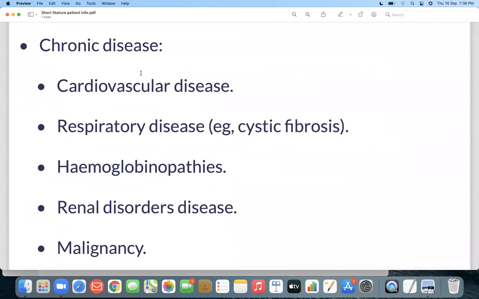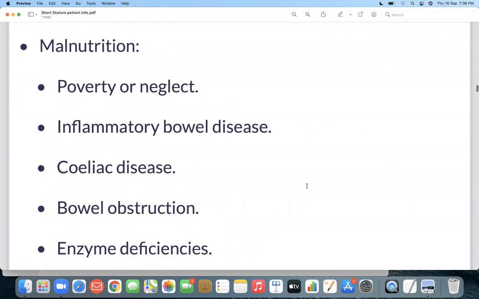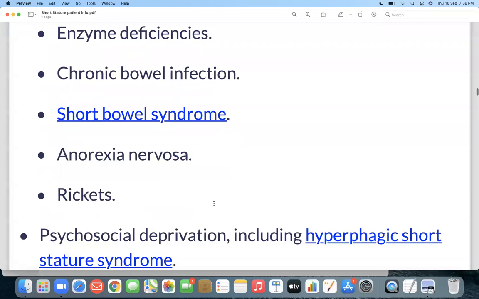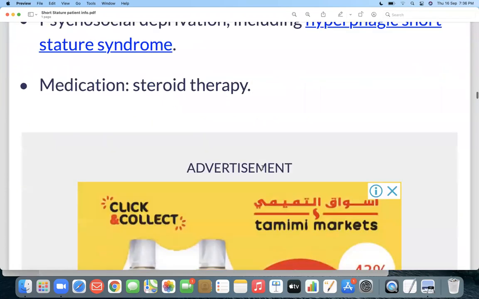Any chronic disease like cardiovascular, renal disorders, hemoglobinopathies, respiratory, you can put for the differential. Then malnutrition, that is poverty and neglect, IBD, celiac disease, bowel obstruction, enzyme deficiencies. Then psychosocial deprivation also can be a cause for short stature. Medication, steroid therapy.